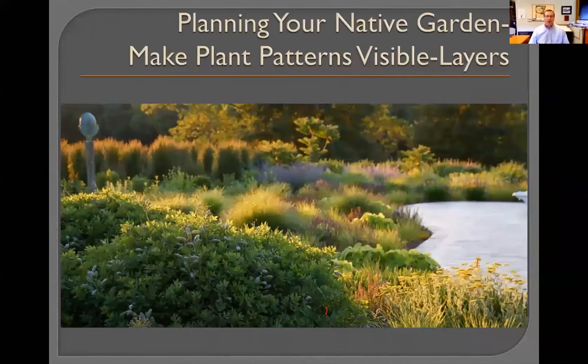The other thing to think about with regards to layers is most of the time in my designs, I only have maybe 2, 3, maybe up to 4 layers of plants. So for example, the taller layer of plants, maybe trees, shrubs, but then you get into your herbaceous perennials, and that next layer is a grouping of plants that is only maybe 5 feet tall to 3 feet tall.